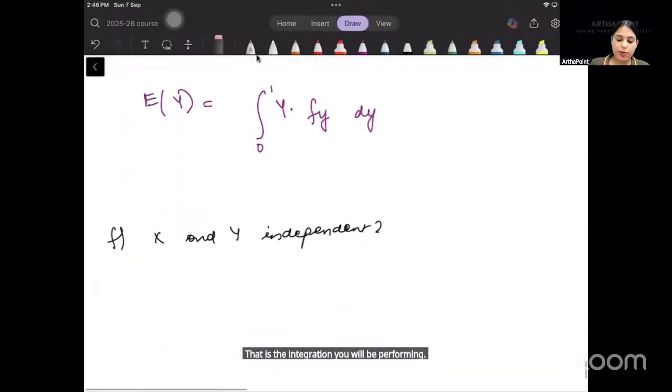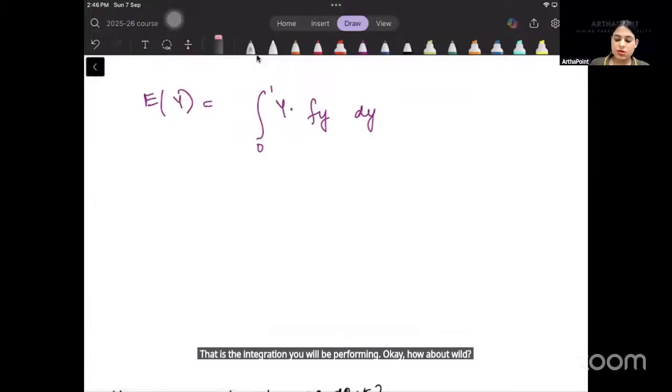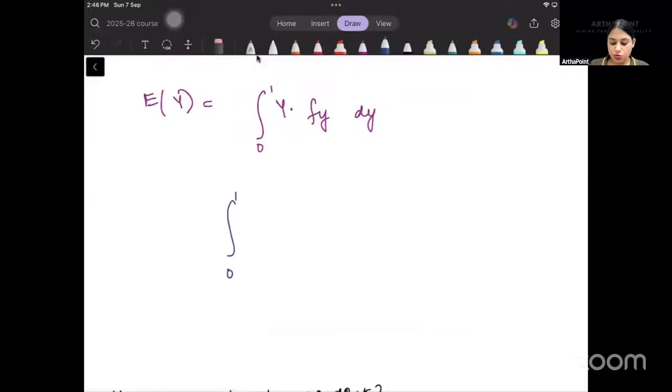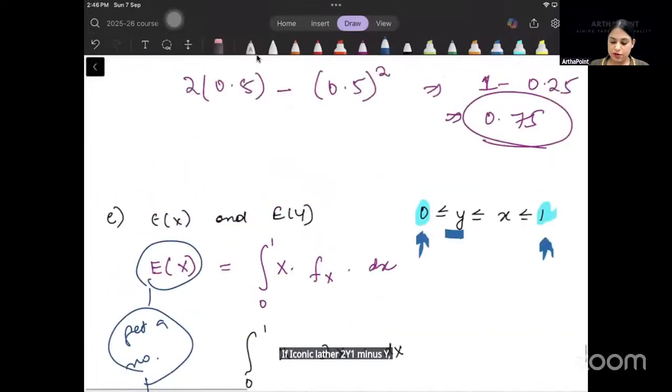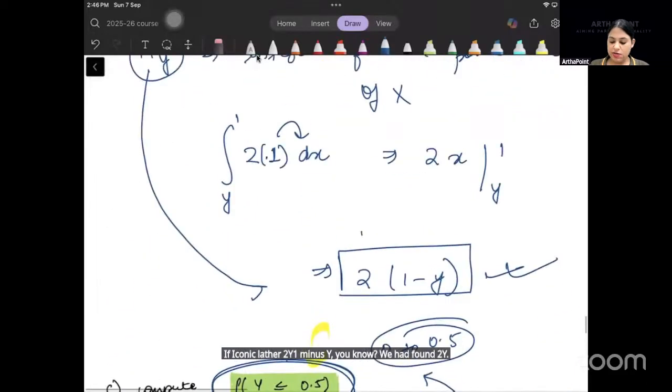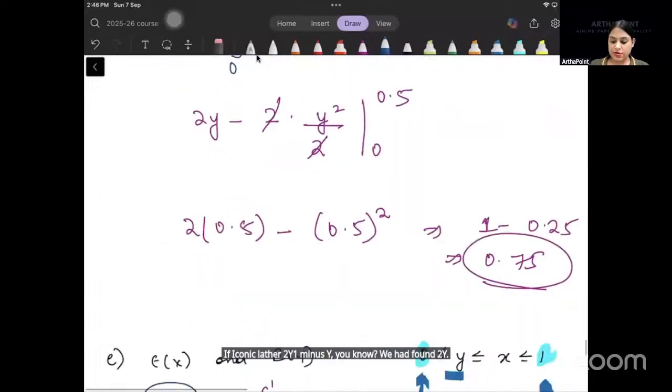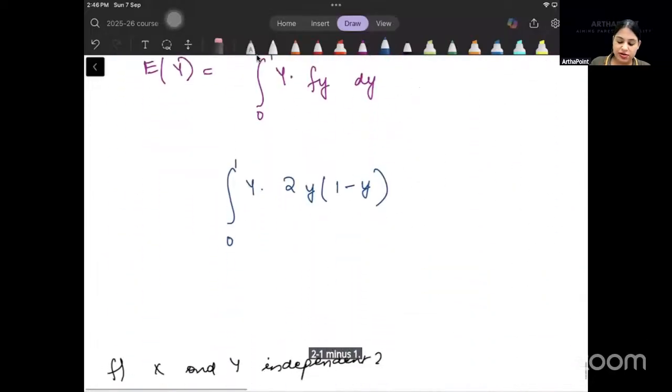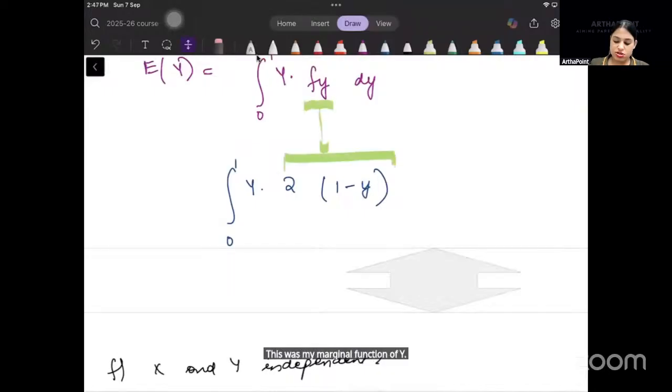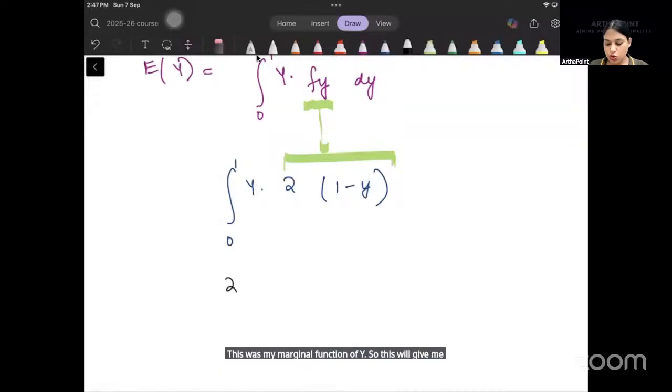Okay, how about y? Integrate between 0 to 1 y times fy. बेटा what is fy? fy का निकला था 2(1 minus y), है ना? This was my marginal function of y. So this will give me 2y minus 2y square.